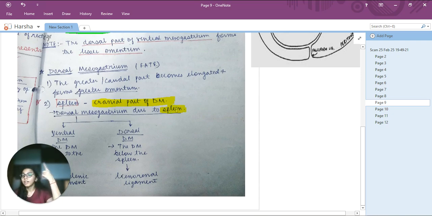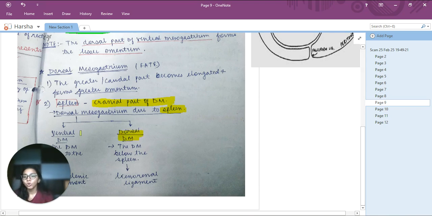The ventral mesogastrium was dividing because of the liver, but the dorsal mesogastrium is dividing because of the spleen. So again two parts are formed: one is the ventral dorsal mesogastrium, and one is the dorsal mesogastrium.